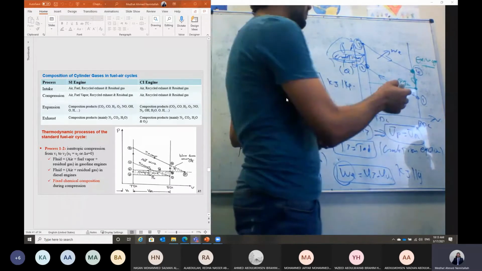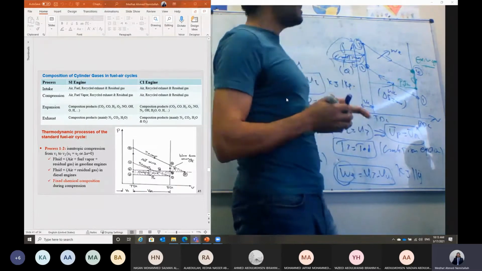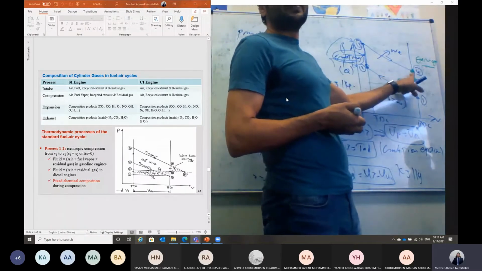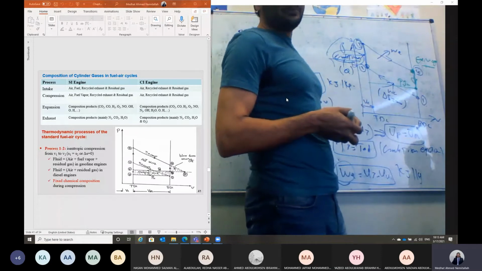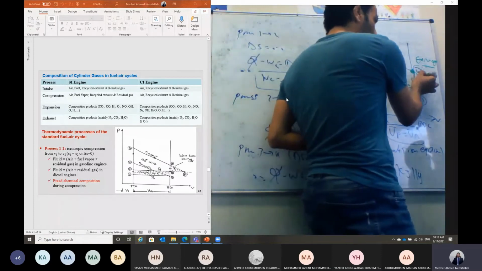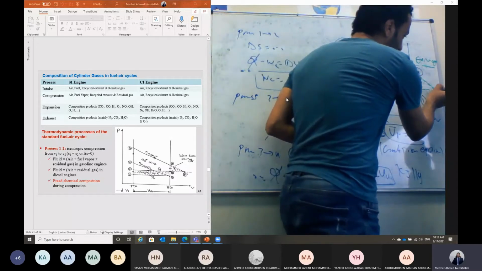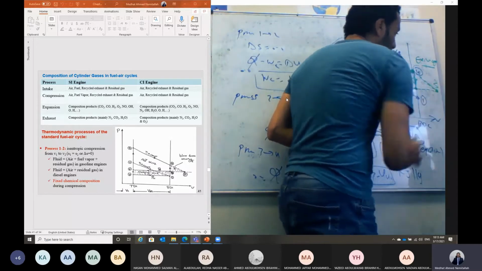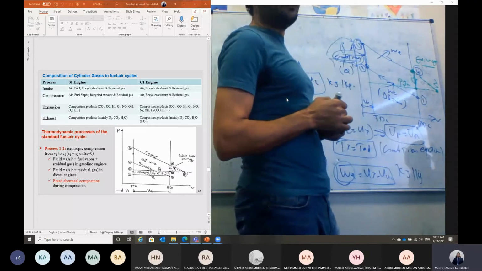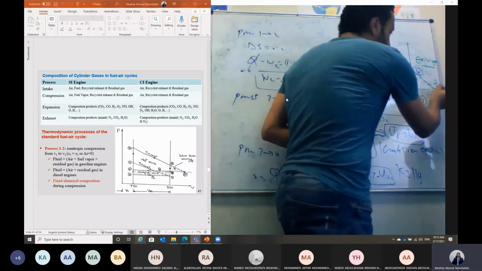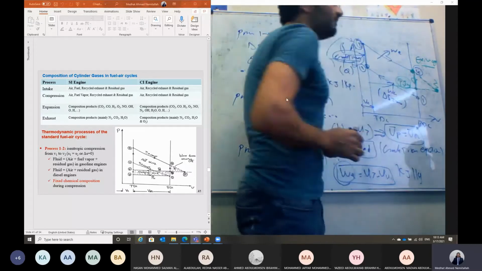And this is what we call the blow down energy, because the pressure inside the cylinder is still higher than the atmospheric pressure, and the gases will continue the expansion outside the cylinder. So it will continue isentropic expansion until it reaches, let's say, point 5 prime. At point 5 prime, the pressure is equal to what?